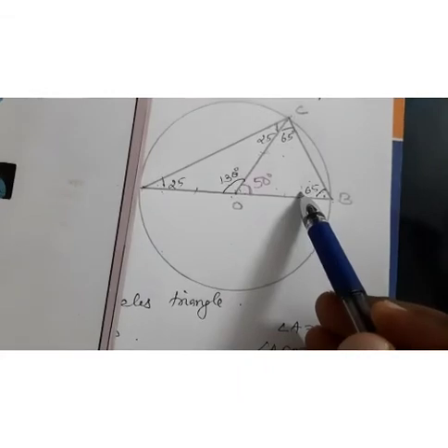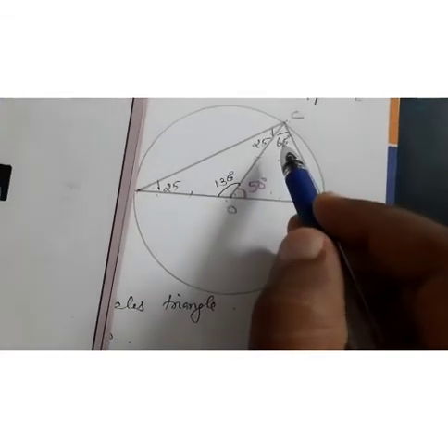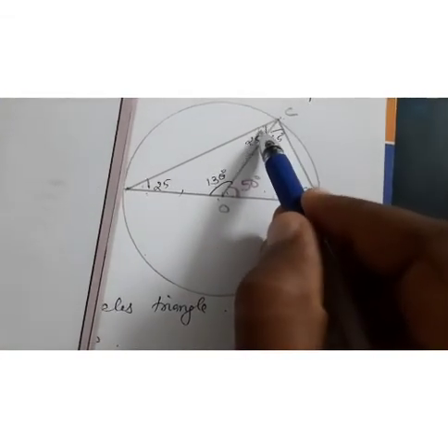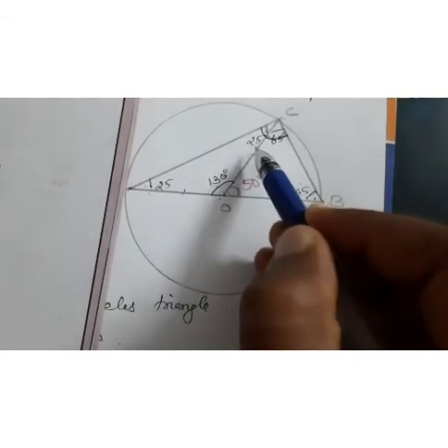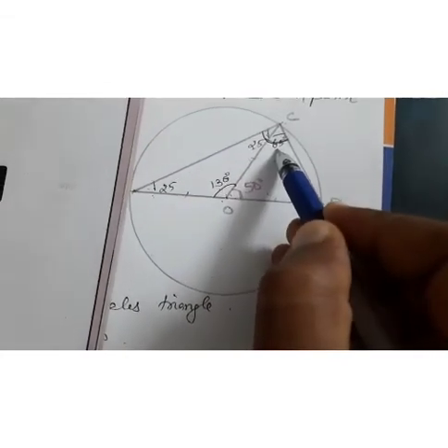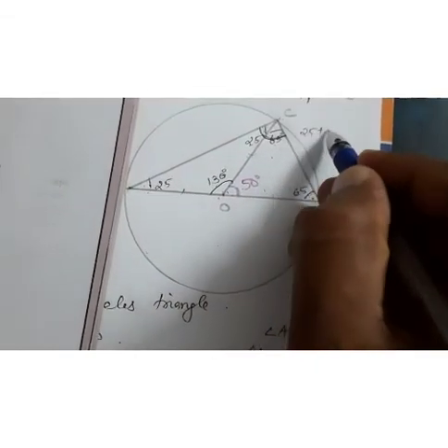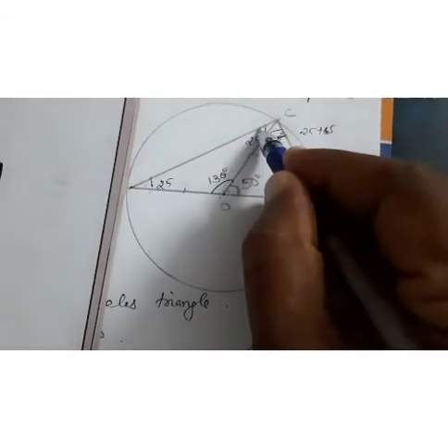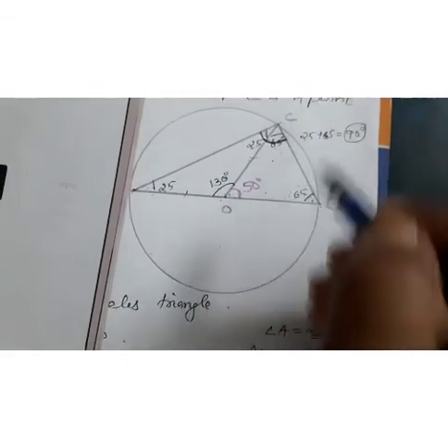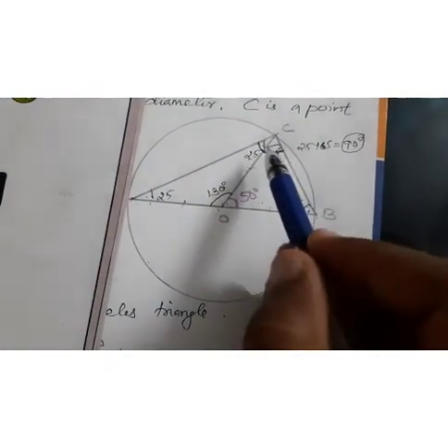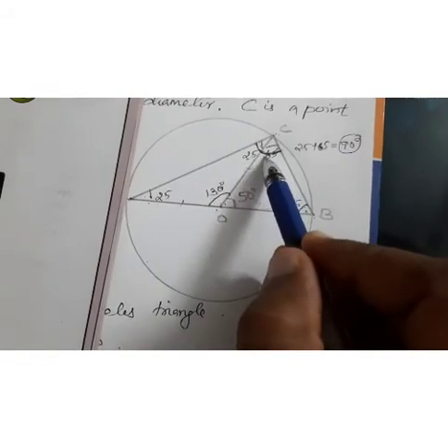So these two angles are equal. Fine. Consider this. What about this total angle? This total angle is the sum of 25 plus 65. 25 plus 65, that is this total angle. How much is this? 90 degree. So these two angles together it is 90.